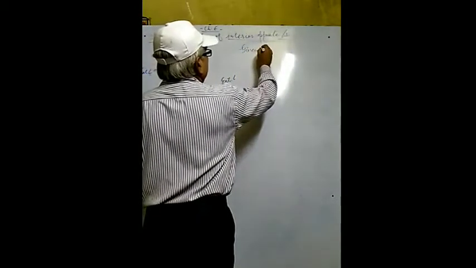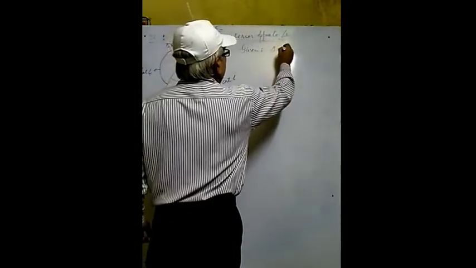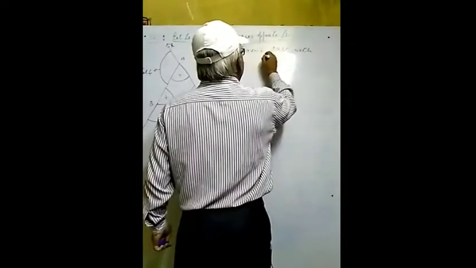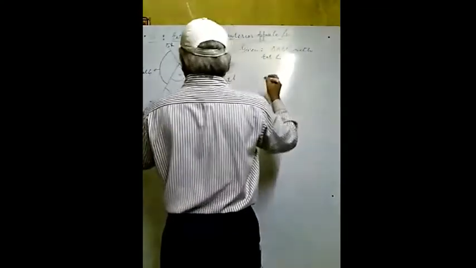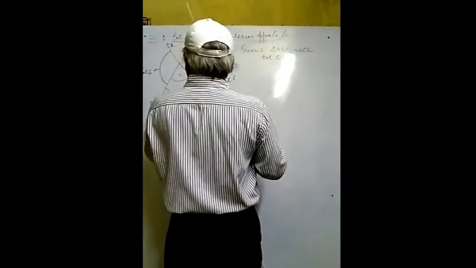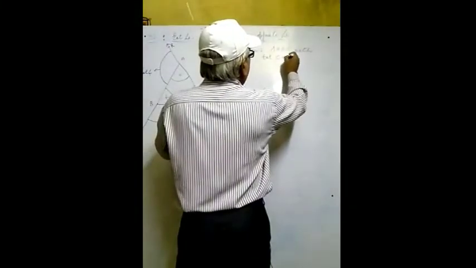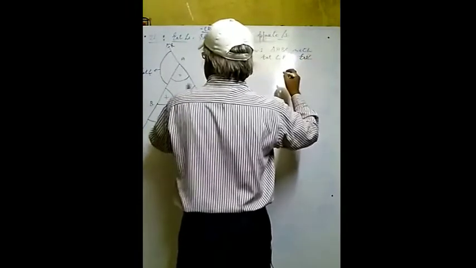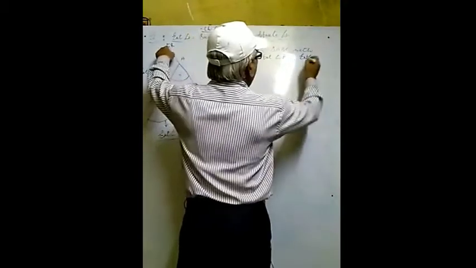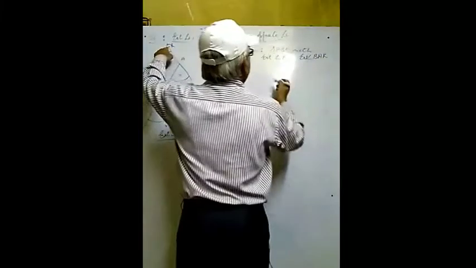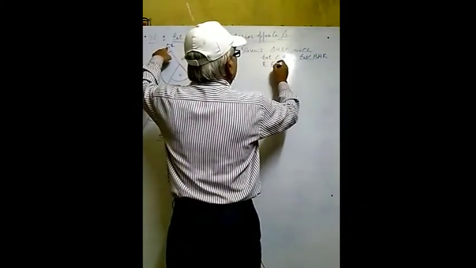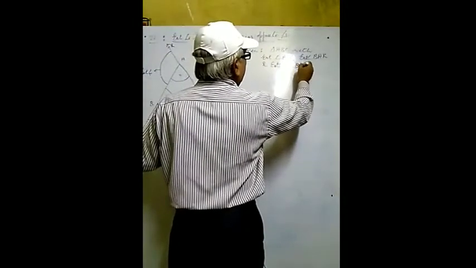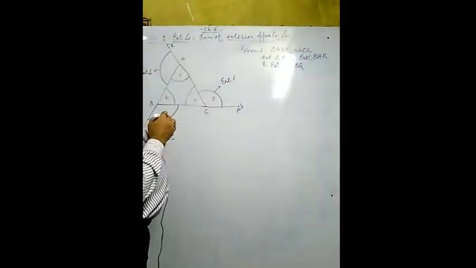Given: triangle ABC with exterior angles ACP, BAR and CBQ. This is the given part.